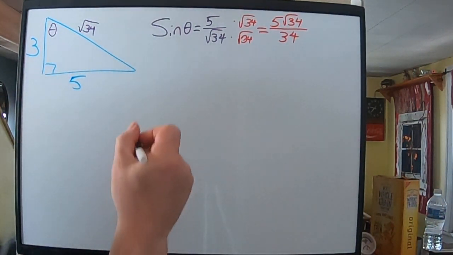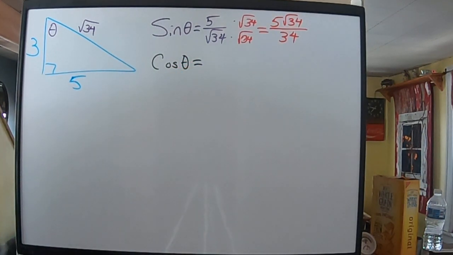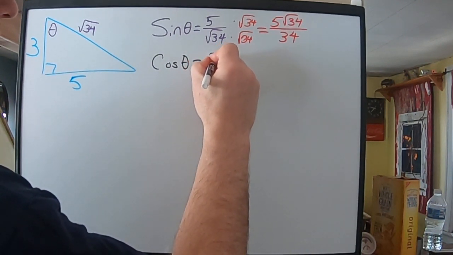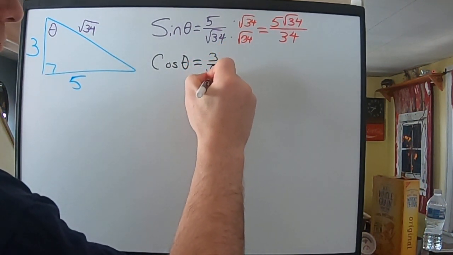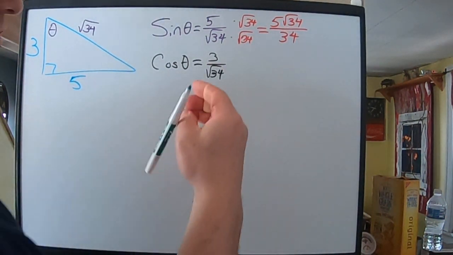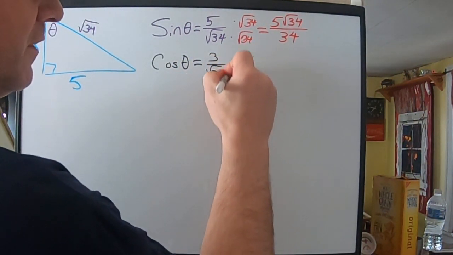Next one I'm going to do is cosine of theta, which is adjacent over hypotenuse. In this case, that's 3 over square root 34. But again, we have to rationalize this denominator, so I'm going to multiply top and bottom by square root 34.